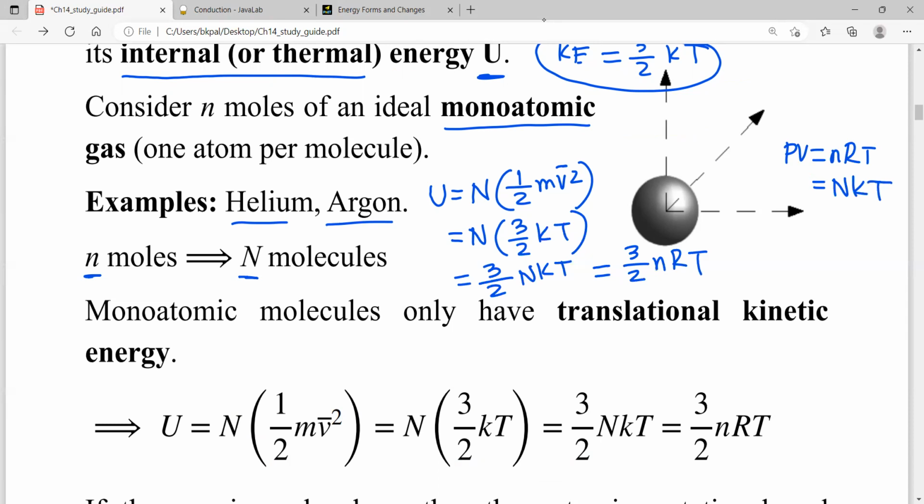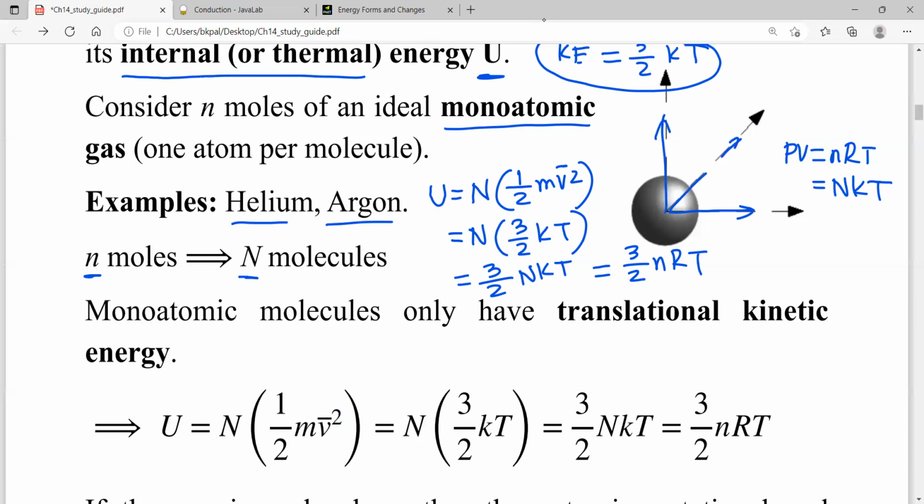Now, this 3 in the numerator has some meaning. This 3 tells us that the monoatomic molecule can translate in 3 different directions. So in space, it can go either in the x direction, or in the y direction, or in the z direction.